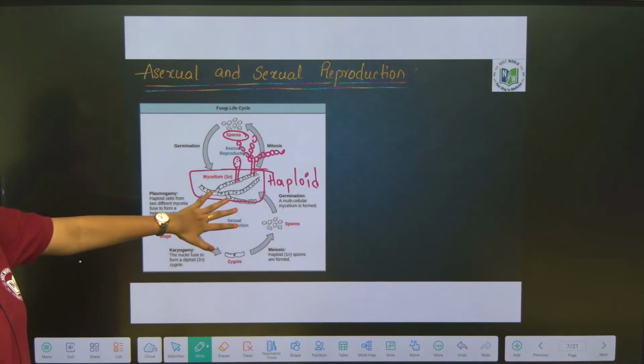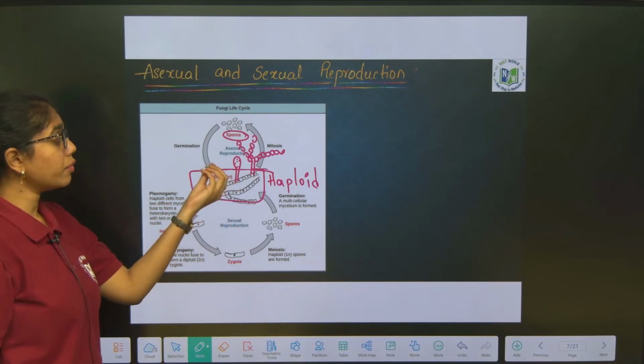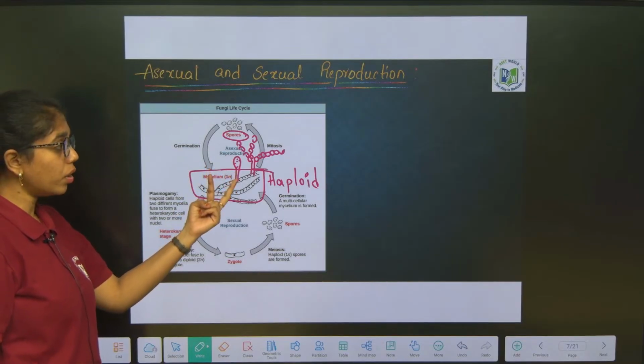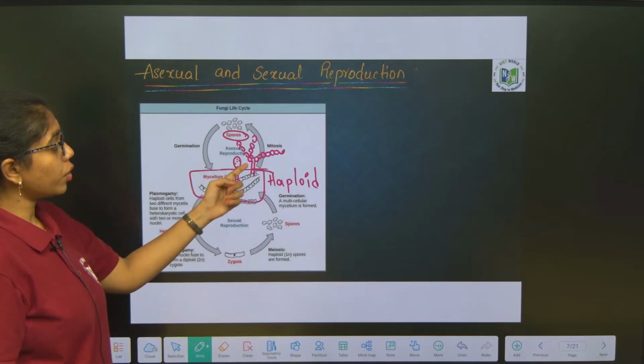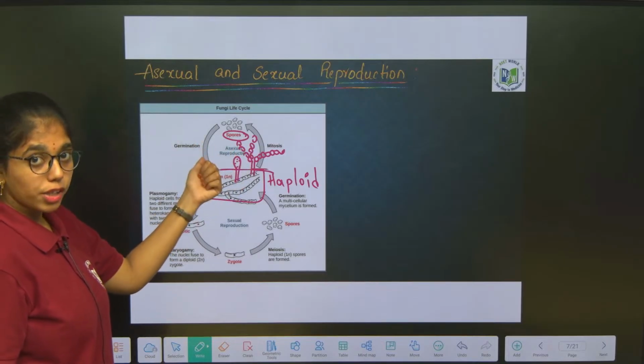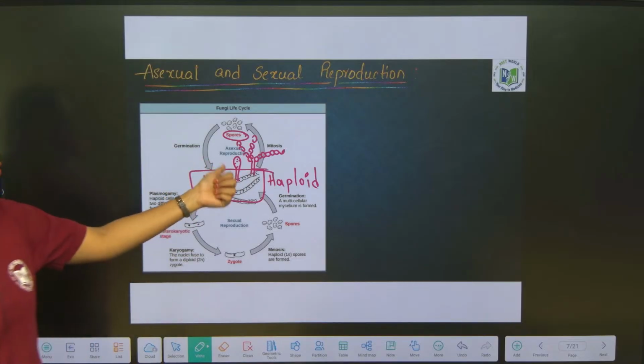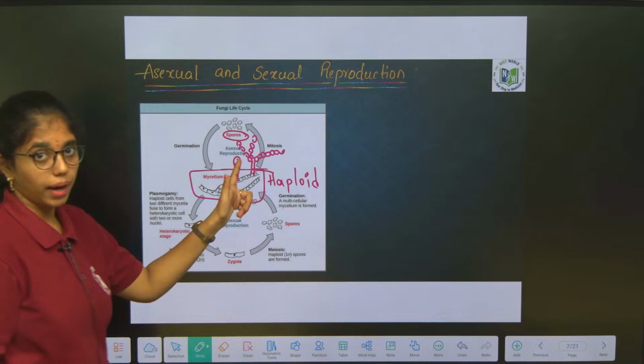The fungal mycelium will be developing what? The fruiting bodies like sporangiophore or conidiophore. Sporangiophore and conidiophore will be releasing sporangiospores and conidia. Clear, right, ma'am?